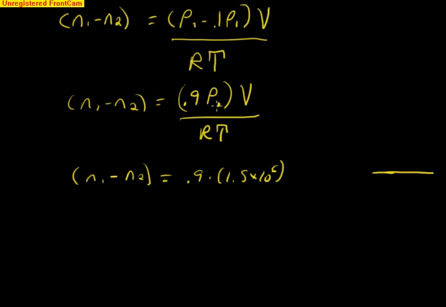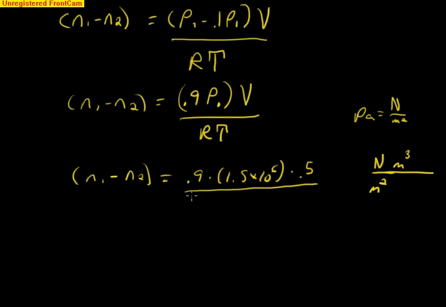What is pressure? Pressure is a force per square meter, and technically that's what a pascal is. Your pascals are defined as your force per meter squared. Then we have our volume was 0.5, and volume's always in meters cubed.